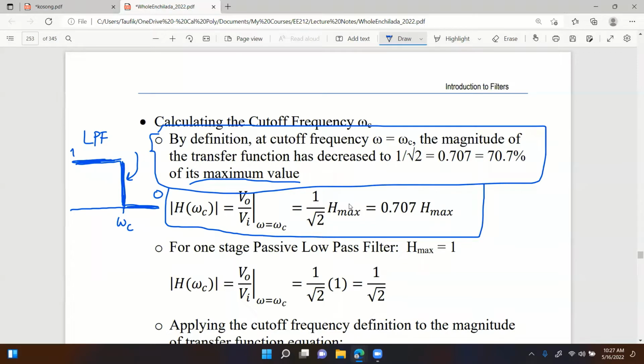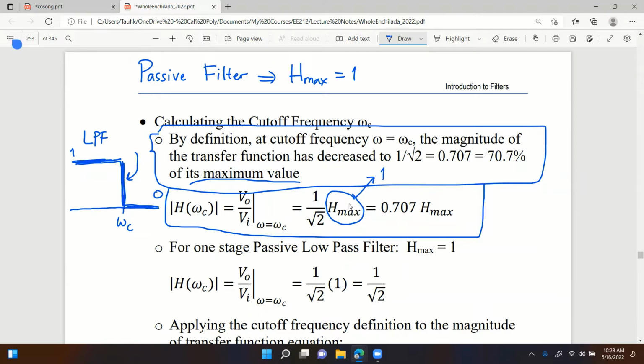For passive filters, the maximum gain that you can get is equal to 1. For active, it could be anything, but for passive, the max that you can get is 1. So if you apply it for passive filters, you replace this with 1.